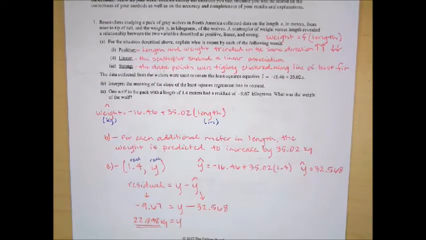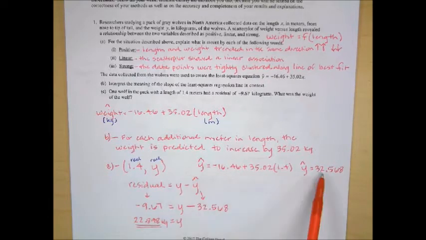So we need to plug in the x of 1.4 into the equation to find the estimated or the predicted value of y. So the model predicts that the wolf would weigh 32.568 kilograms. Now we go back to the equation for residual. Residual is y minus y hat. So now it's just an algebraic equation that has 3 variables in it, and we know 2 of them.